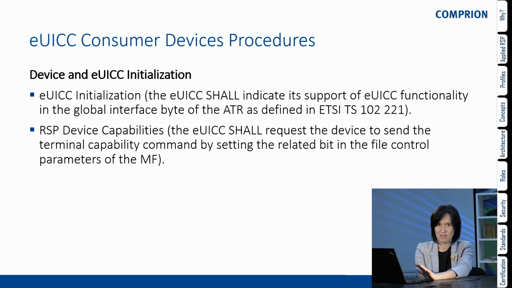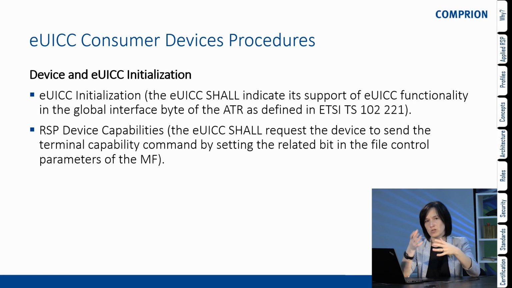Okay, this is already a bit too detailed for the basic training, but actually from the EUICC architecture, similar to the UICC, when we have the profile, we also have a master file, similar to what we have on the regular UICC. And similar commands as general capability commands can be used, and then we have this specific bit in the file control parameters to be set.